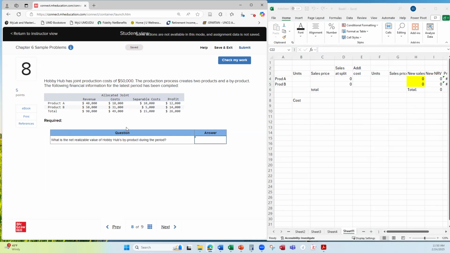So if we assume that those are a break even, basically, then that would mean that we would have $1,000 that were allocated out for those costs at a break even. So $50,000 minus the $49,000 that's allocated out would mean that we assigned $1,000 worth of value to the joint cost.